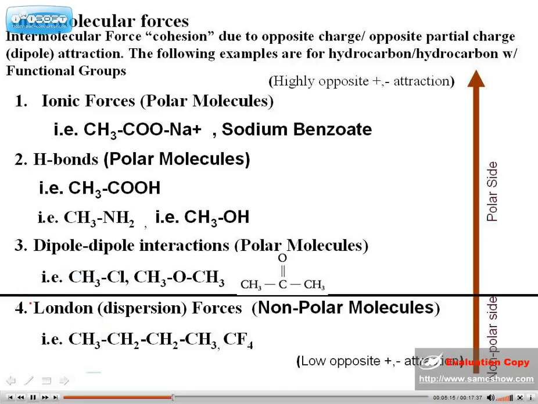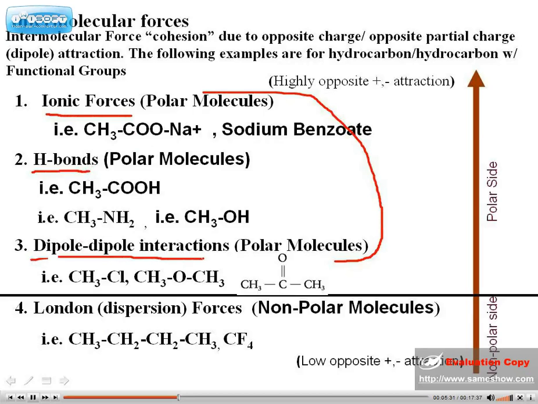In general, the first 3 can be classified as being polar, with the most polar being ionic forces, the second most polar being hydrogen bonds, H bonds for short, the third most polar being dipole forces, and the fourth being London forces.